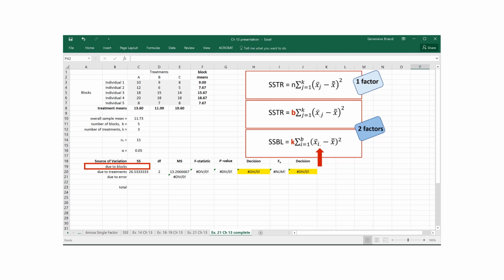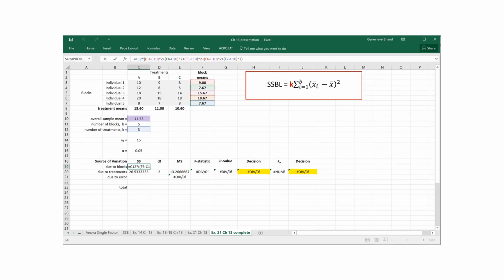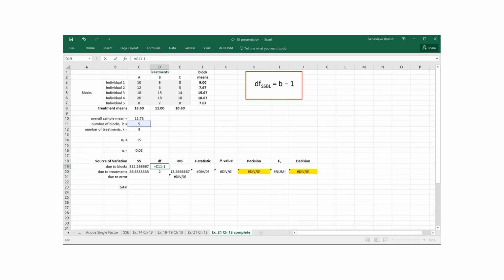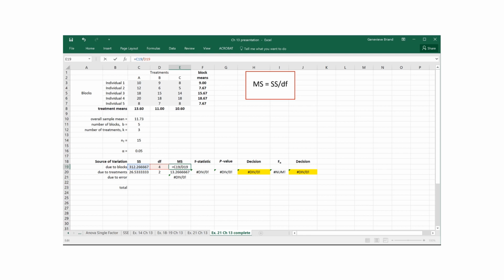We also have a placeholder for an additional indexing of our averages, and this time indicating that we average the values for each block I across all treatments. We compute the sum of squares due to blocks, degrees of freedom are B minus 1, and mean square due to block, or MSB, is sum of squares divided by degrees of freedom.